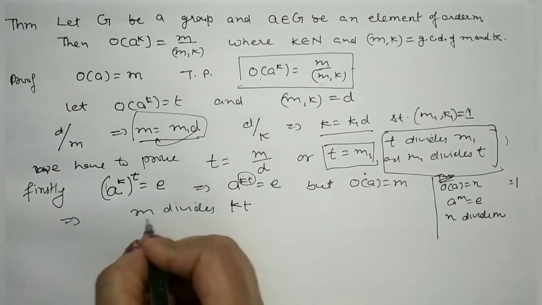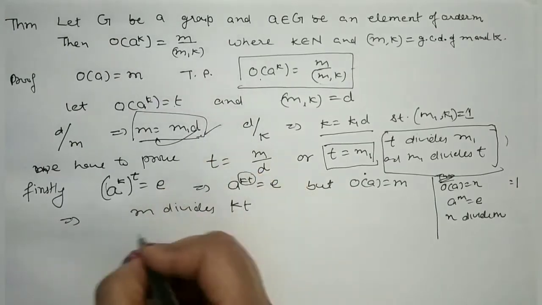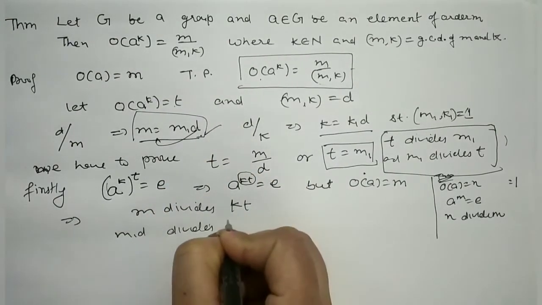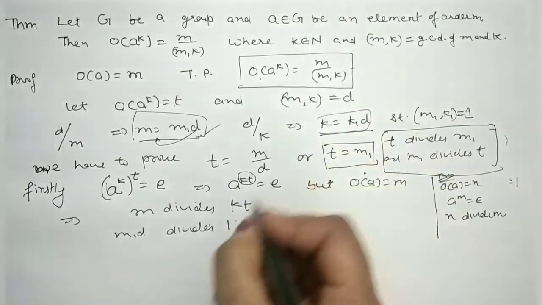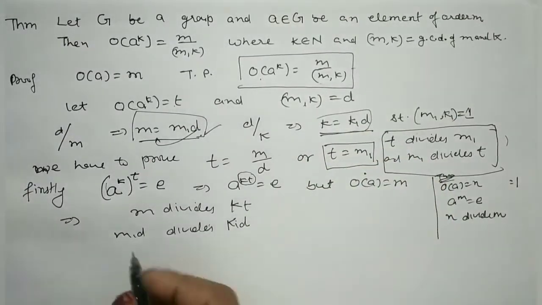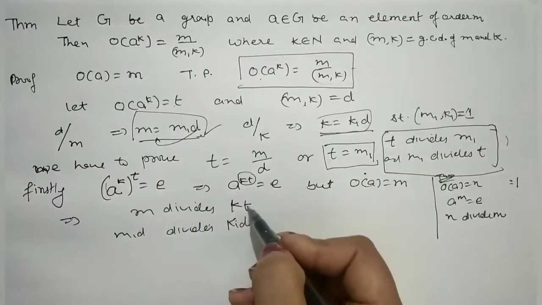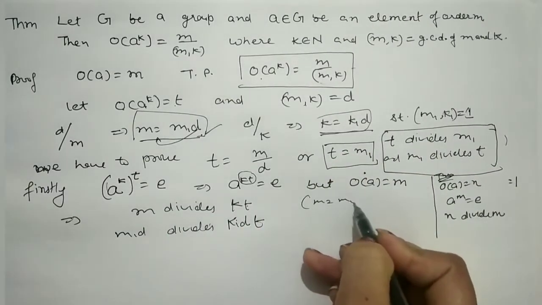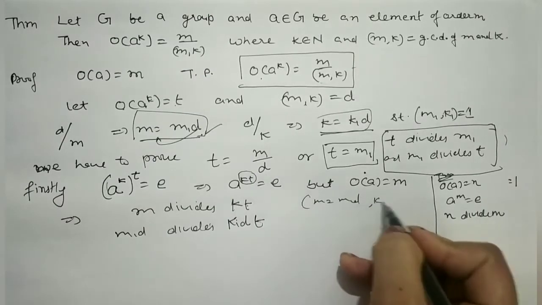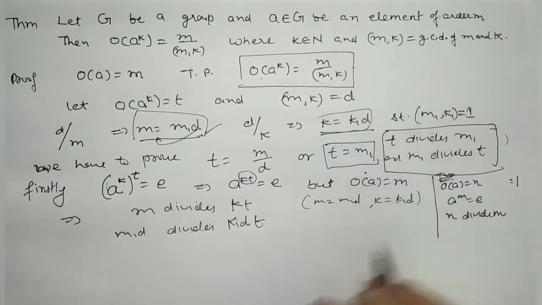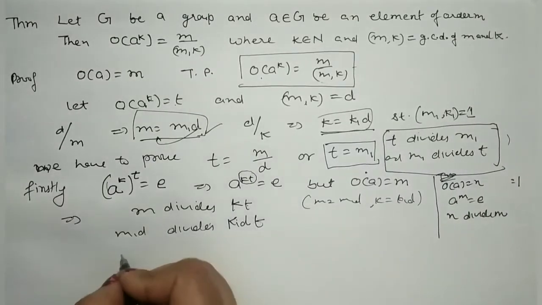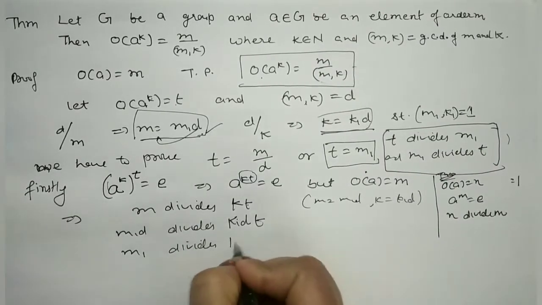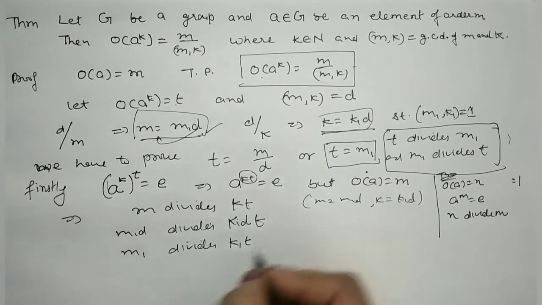So any other number which makes identity will be divisible by m, which implies m divides kt. Now the value of m is m1d, divides the value of k, which is k1d, into t. So we put the value of m as m1d and k as k1d here. Now d cancels with d, therefore m1 divides k1t.